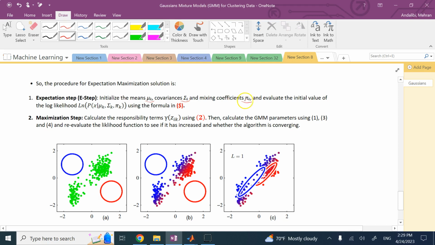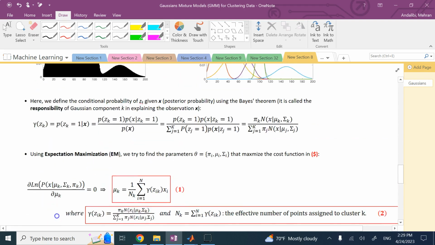We start with some guess, right? And then what? Then using these parameters and all of the observation x's that I have, I evaluate this natural log function that I have in the dollar equation.